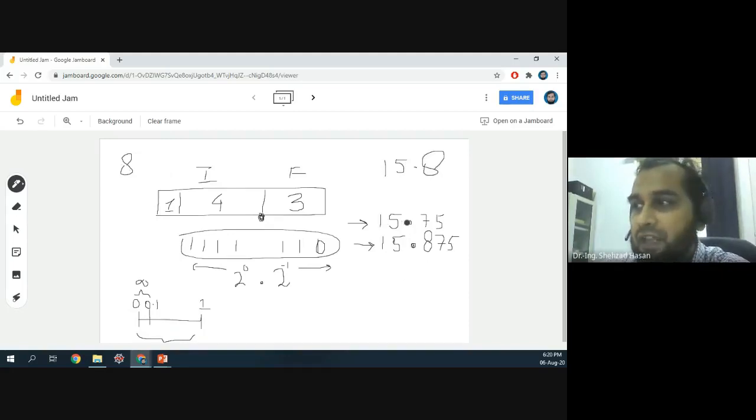So if we say 15.875, the difference between 15.8 and 15.875 is 0.075. If we go with 15.75 and 15.8, the difference here is 0.05, right? So 0.05 is less than 0.075. This means you are going to select this representation to store the number with the least possible error. So not all the numbers could be stored.